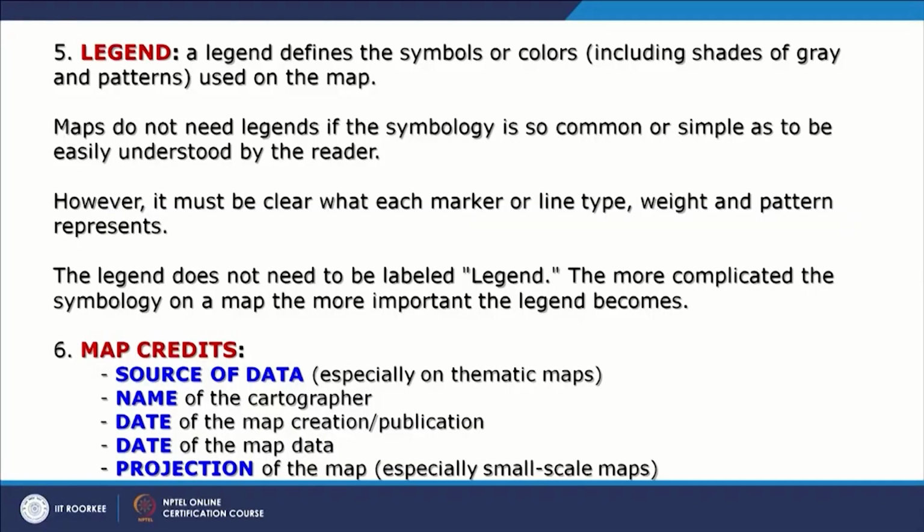Otherwise, it will fall in the plagiarism case of cheating or copying. So the source of data will also save you, especially on thematic maps. If I am taking, say, contour lines, then I must mention that these contour lines are coming from Survey topo sheets. If I am using some forest cover information, I must tell that it is coming from there.